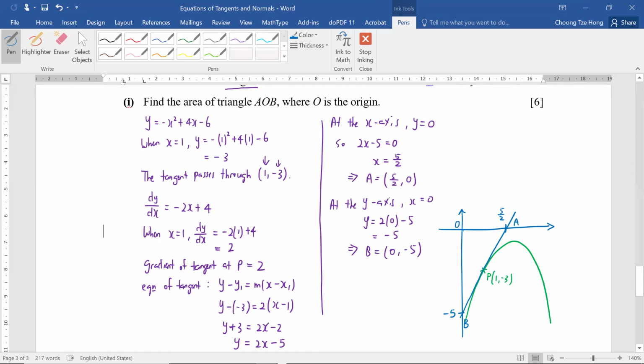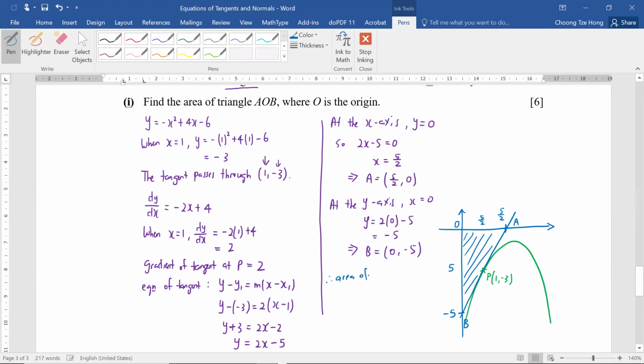This is the origin. Now they want us to find the area of this triangle over here. That will be very easy because it's a right angle triangle. The height over here will be 5, and the base will be 5 over 2. So the area of the triangle will just be half times base times height.